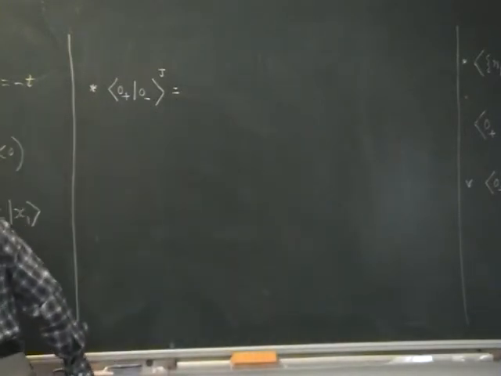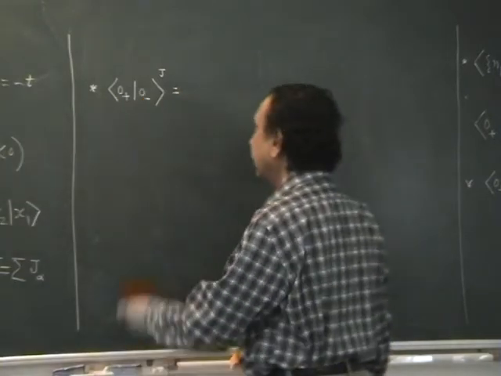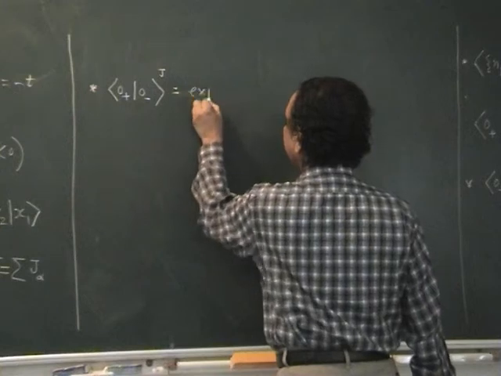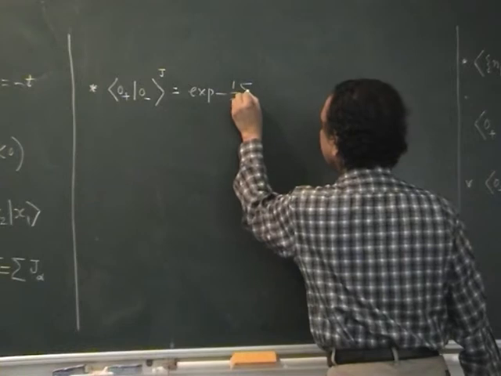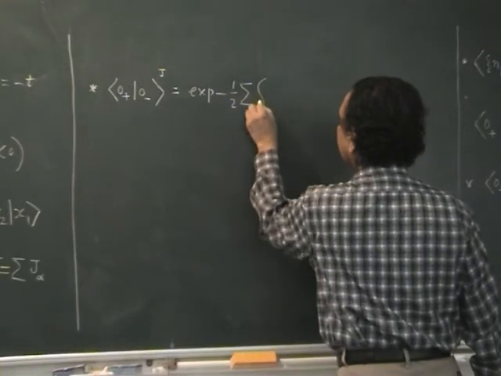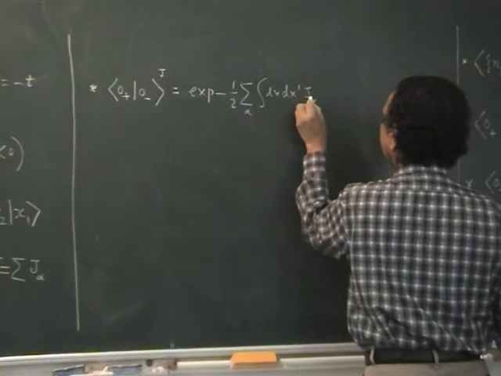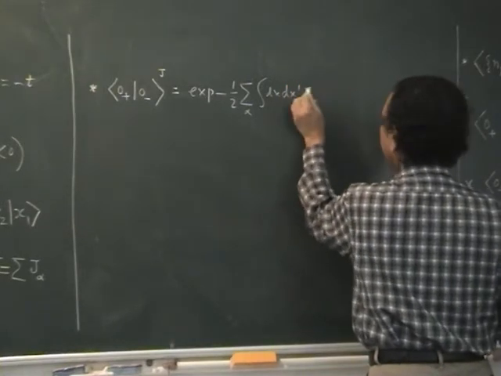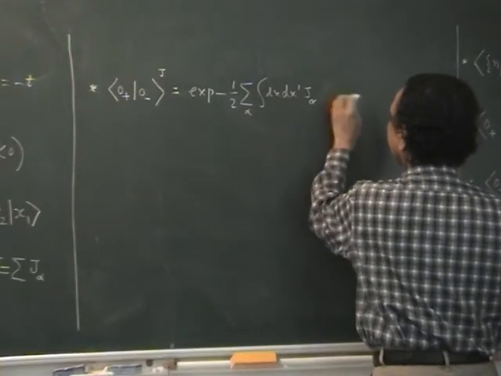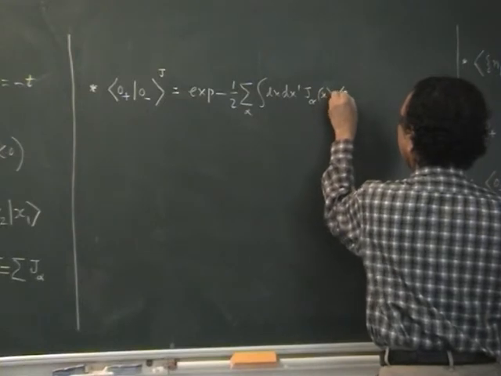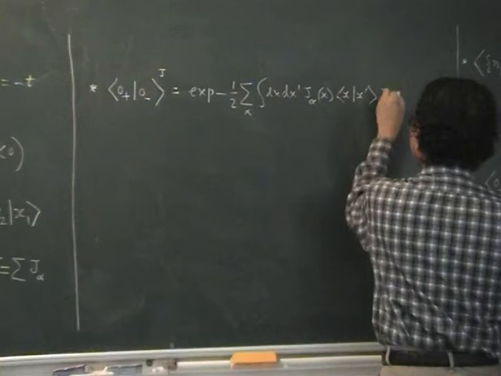Pi over alpha of this is just a summation in the exponential. So it is exponential minus half summation over alpha integral dx prime J alpha of x prime J alpha of x prime.